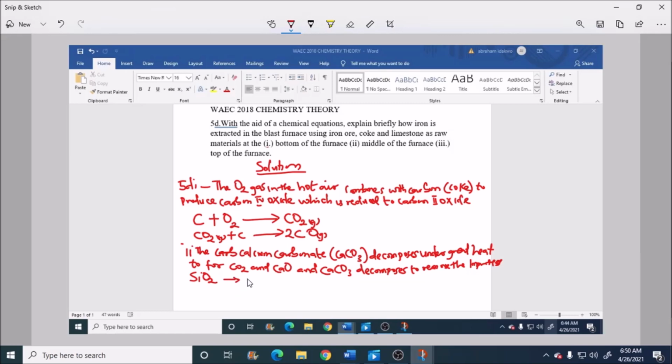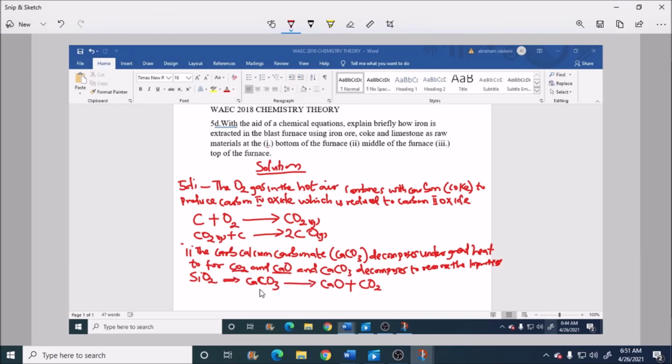Then we have the equation to be, calcium carbonate giving CaO, that is calcium oxide as mentioned here. Then we have CO2 produced, so we mentioned that here as well, CO2.